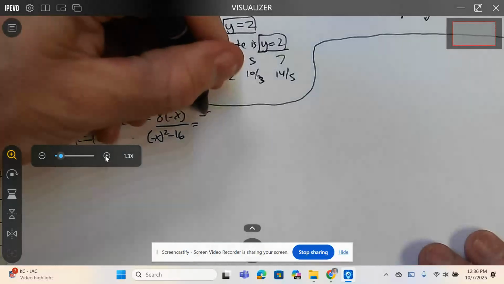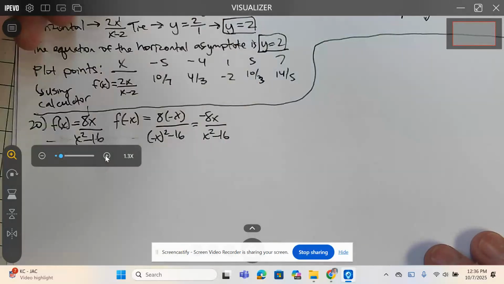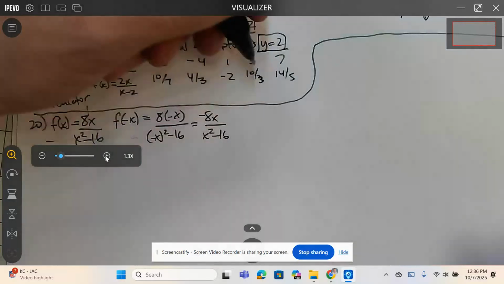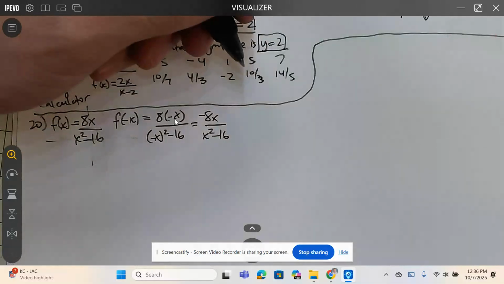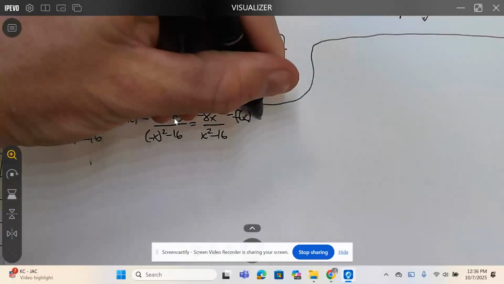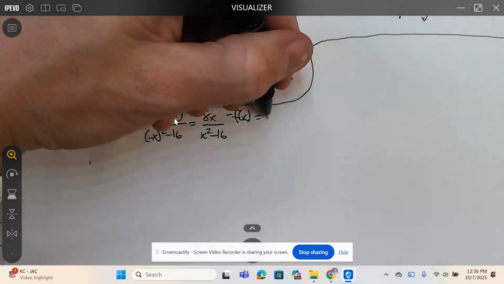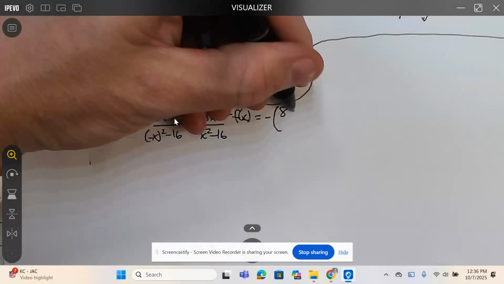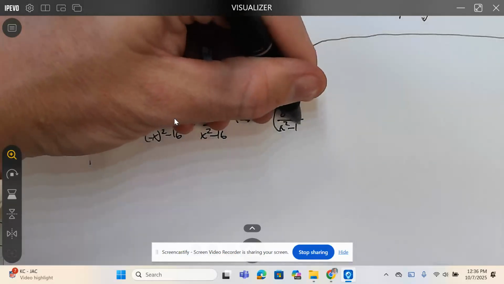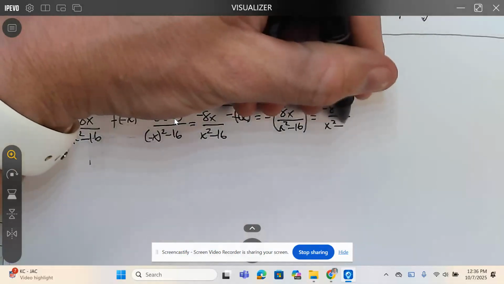So it'd be negative 8x divided by x squared minus 16. And you've got negative f of x, so that's making it negative times 8x divided by x squared minus 16, which is negative 8x divided by x squared minus 16.